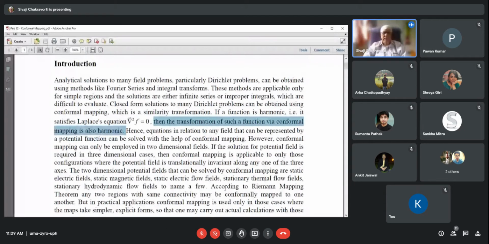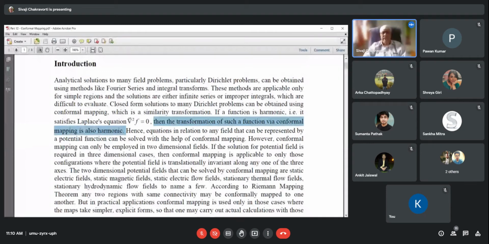And I will get another function in that mapped version. Mathematically it is established that the function in the mapped version will also be harmonic, which means it will be useful to us because of it.